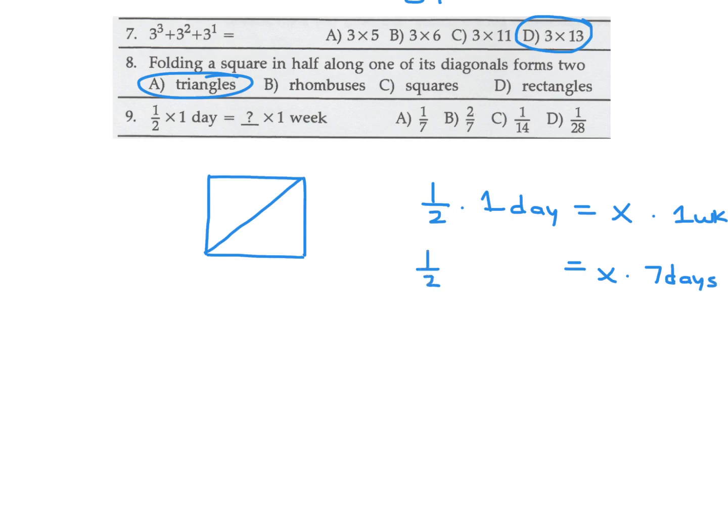Let's convert. Well, it's already as a day, right? So this is really just 1/2 is equal to 7x. Therefore, x is equal to 1 over 14. So the answer is C. You just got to make sure that the units are the same, day and day.